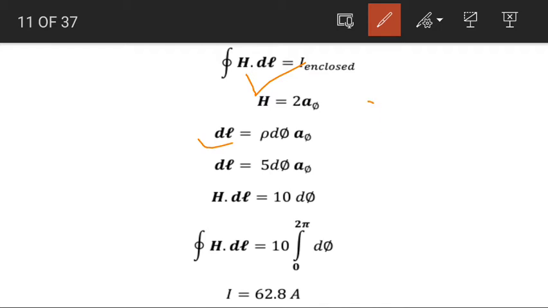So the scalar product of these two vectors will be equal to h dot dl, and h dot dl will be equal to 10 d phi.